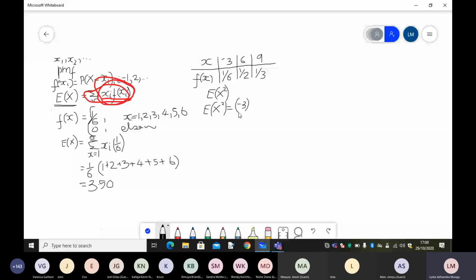It is 1/6, plus 6 multiplied by a half, plus 9 multiplied by a third. And this will give us 11/2.